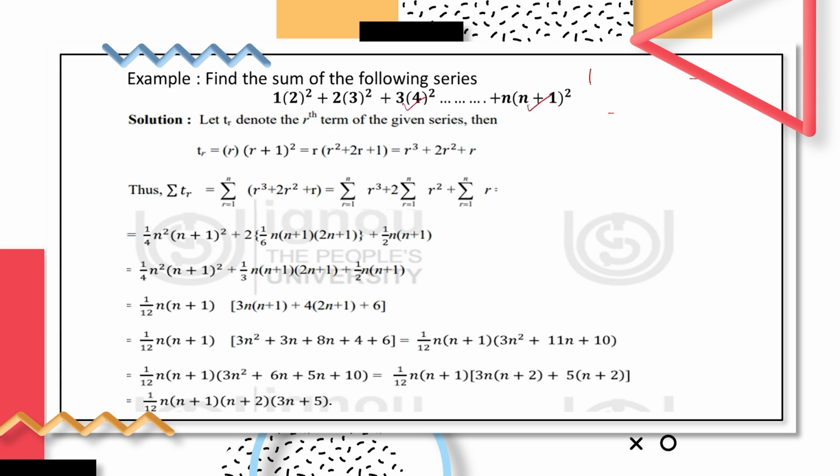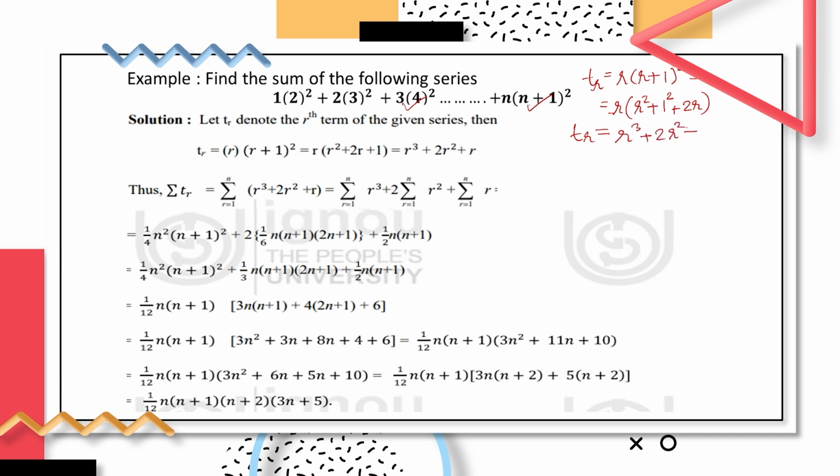So, the rth term is r into r plus 1 square. So, we will be getting the expression r into r square plus 1 plus 2r. By opening the braces and solving it, we will be getting r cube plus 2r square plus r.